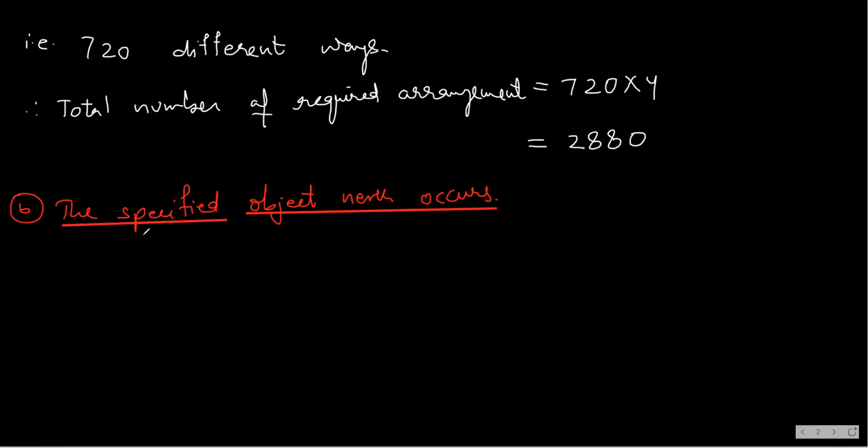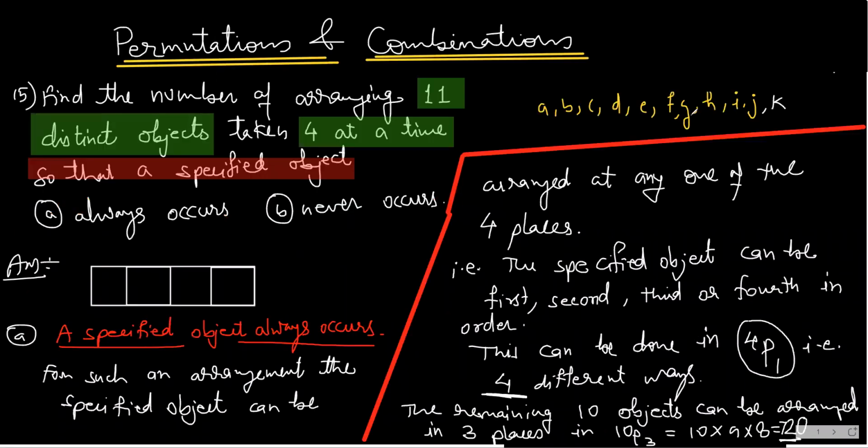Now see, for the second case, when the specified object never occurs, as I said, I took the 11 objects as A to K, and then I took the specified object as K. So in the first case, that specified object was always occurring. In the next case, the specified object will never occur. So what will we have to do?